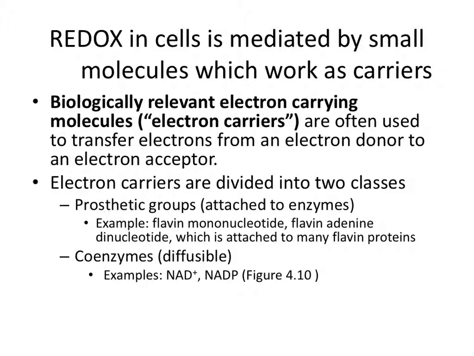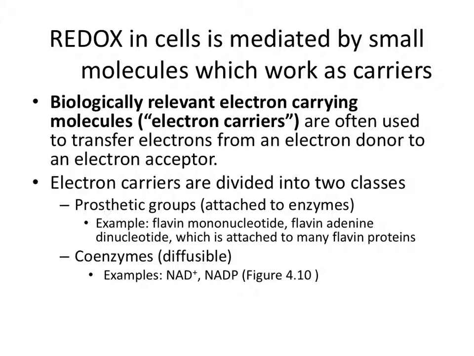Redox reactions in cells, the ones that we considered in class, those exothermic reactions that are energy yielding and wherein that energy can be harnessed or conserved to then make ATP, if they all happened in one single step, they would release so much energy that it would be harmful to the cell. So instead, those reactions are broken out into small incremental steps.